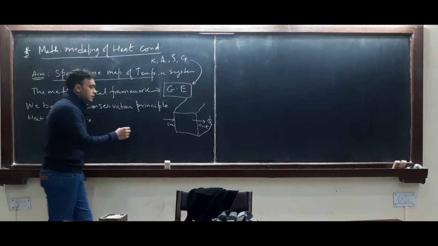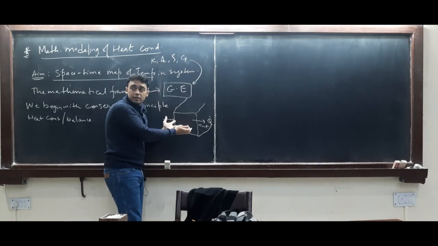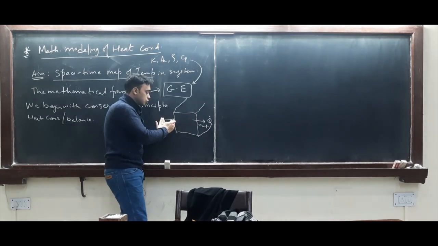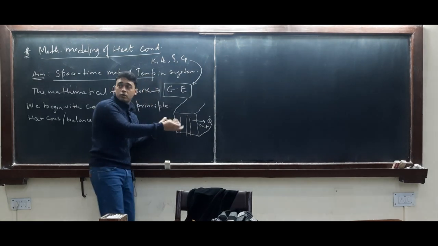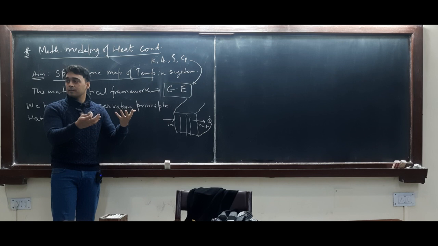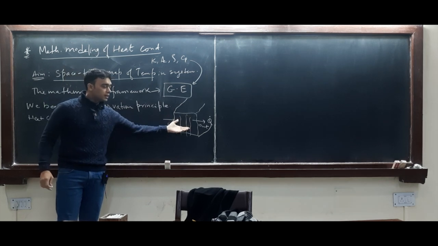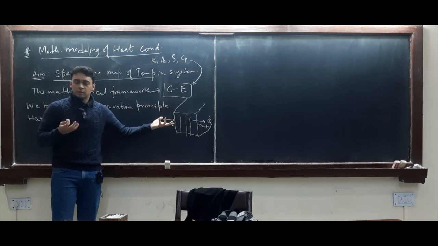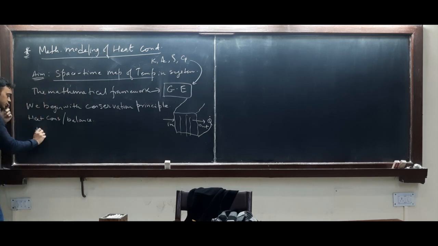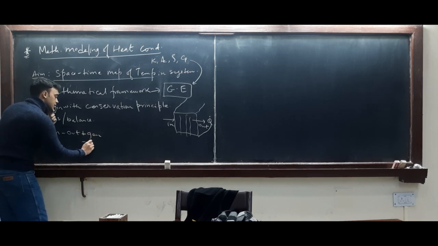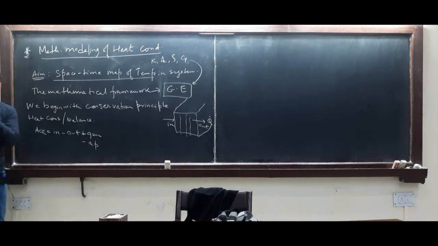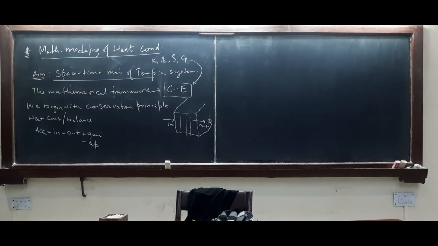Or can I say that whatever energy has been accumulated here or depleted here has to do with in and out, plus if I had some heating element here or resistance wire which would have generated heat, or oppositely which might have depleted heat. So accumulation should be equal to in minus out plus generation or depletion. Either of it. Yes, you have a confusing expression.